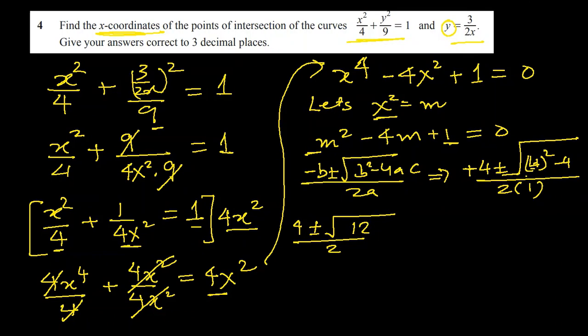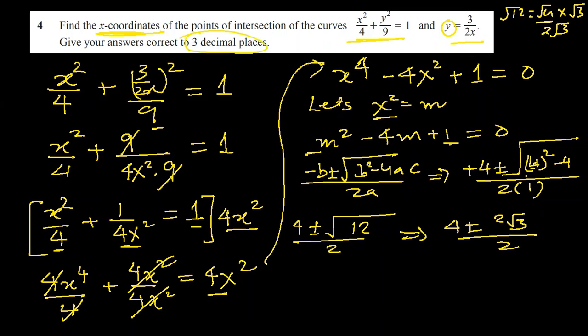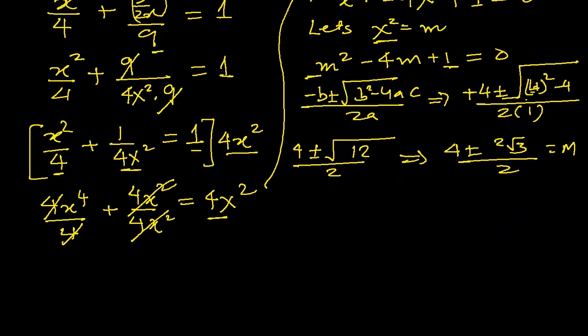Square root 12 can be written as square root 4 times square root 3. So square root 4 is 2, and square root 3 stays. So this becomes 4 plus minus 2 square root 3 over 2. But they're saying give your answer in 3 decimal places. So first we'll evaluate this, because mind it, we are getting the value of m, not x squared. We'll square root it later.